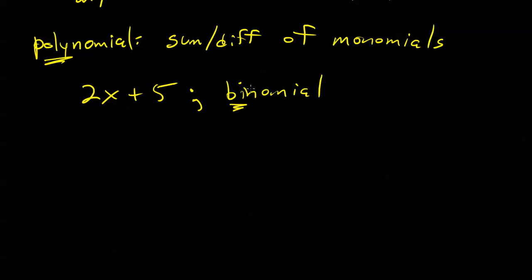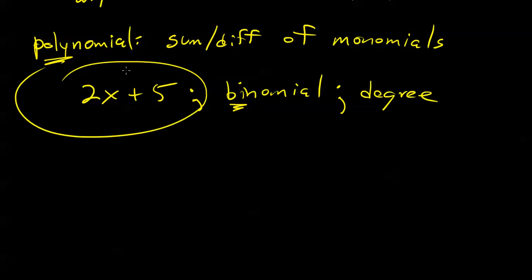Now let's talk about the degree of a polynomial. What's the degree of 2x plus 5? Well, the degree of a polynomial is the degree of the highest degree monomial that it contains. Alright, so the 5, of course, has degree 0. 2x has degree 1. So I claim then this binomial is degree 1. Let me write that down.